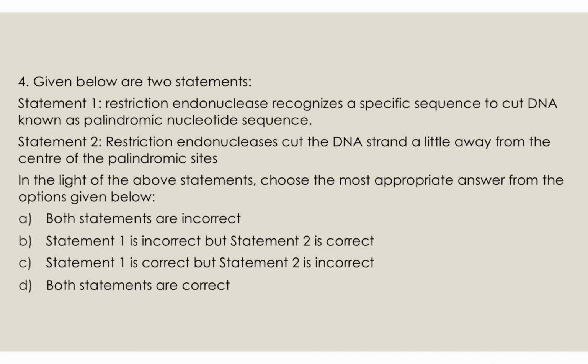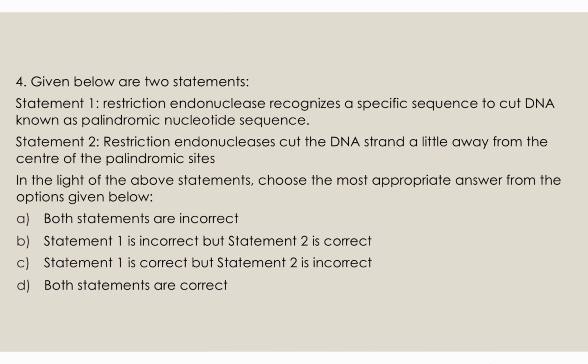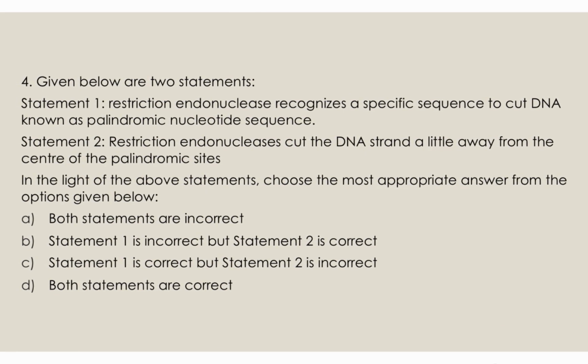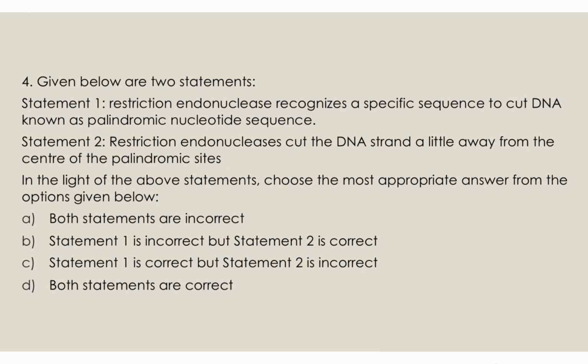Now, the fourth question is, given below are two statements. Statement 1: restriction endonuclease recognizes a specific sequence to cut DNA known as palindromic nucleotide sequence. And statement 2: restriction endonuclease cuts the DNA strand a little away from the center of the palindromic sites. Which of the following options is correct?